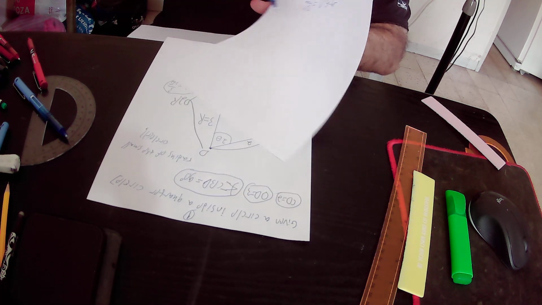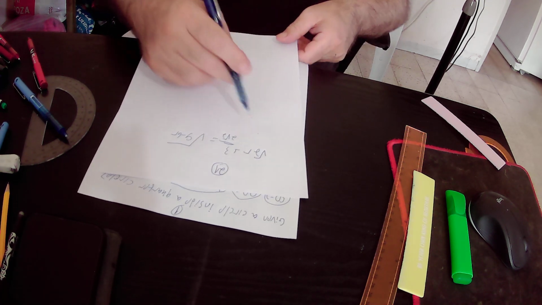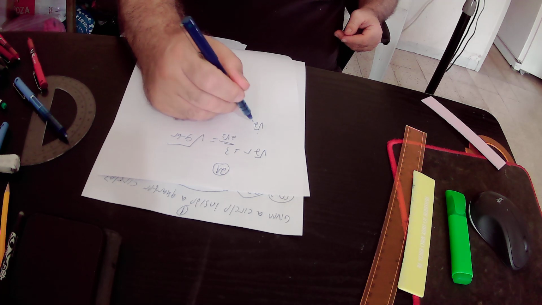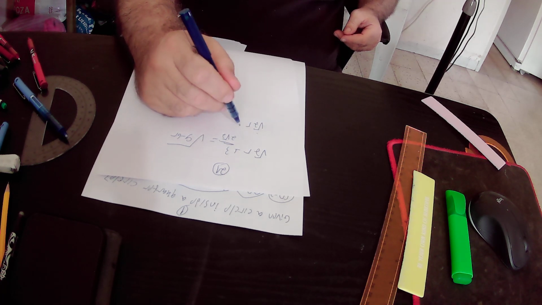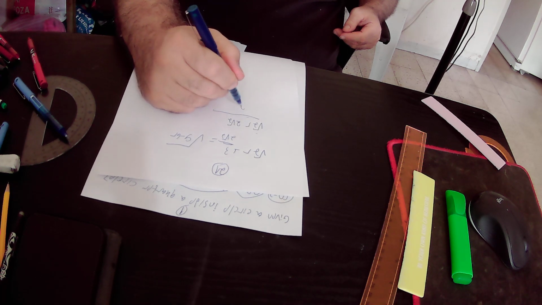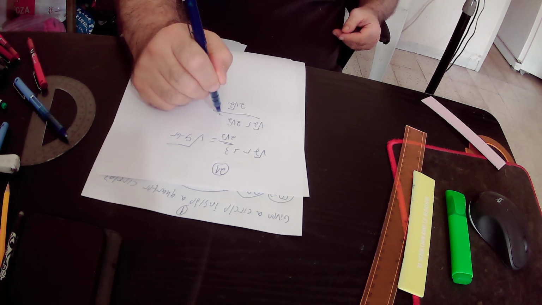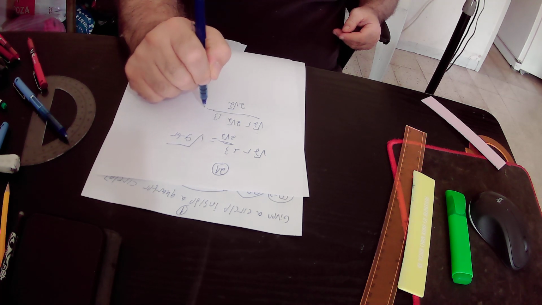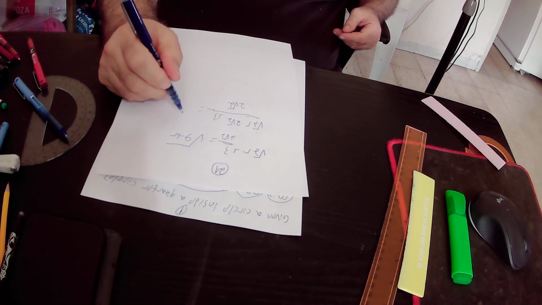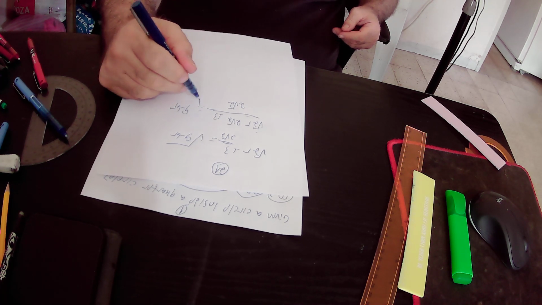So we will get that root 2 times R, we will multiply it by 2 times root 2, and then we will divide it by 2 times root 2, so we change nothing, plus 3 equals the root of 9 minus 6R.